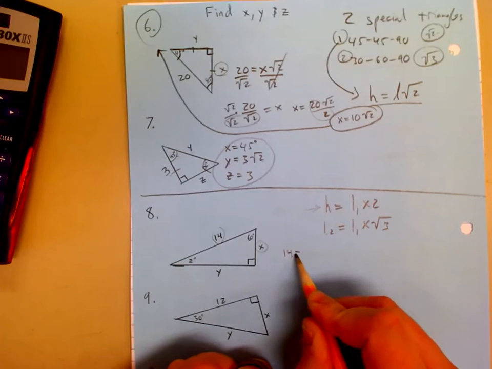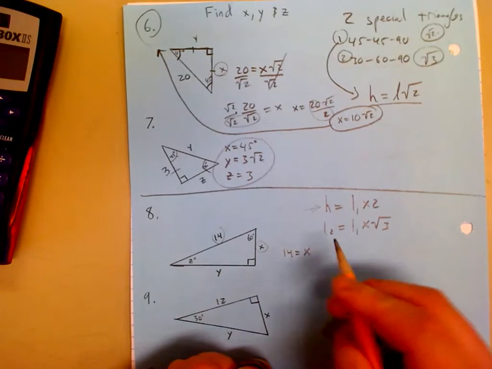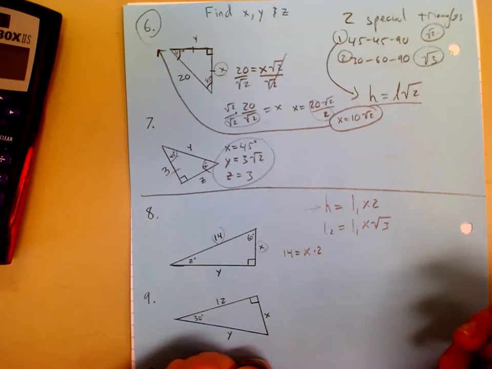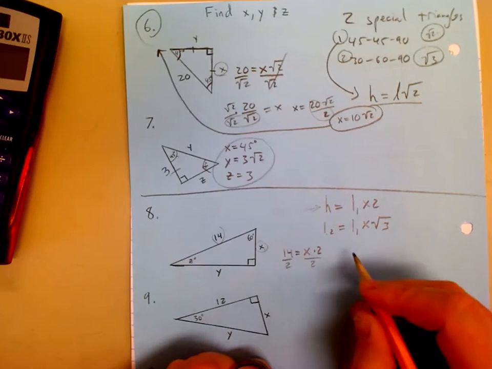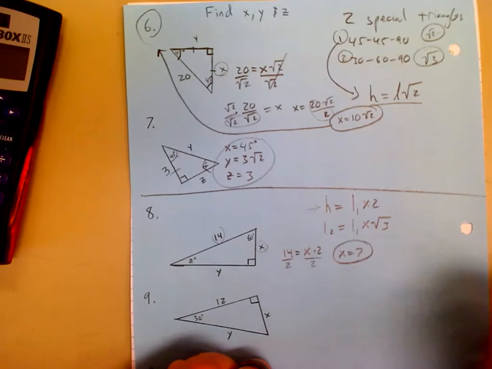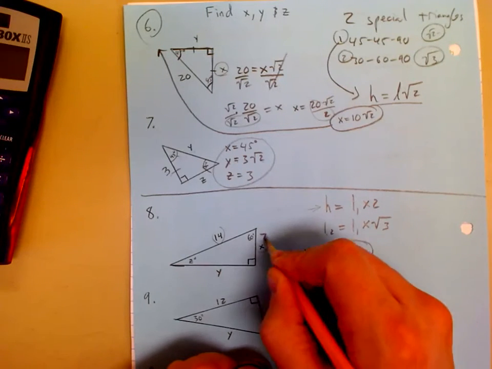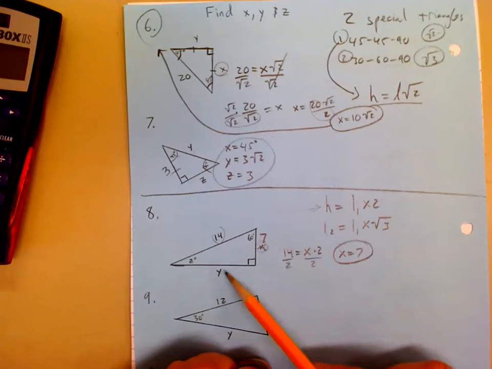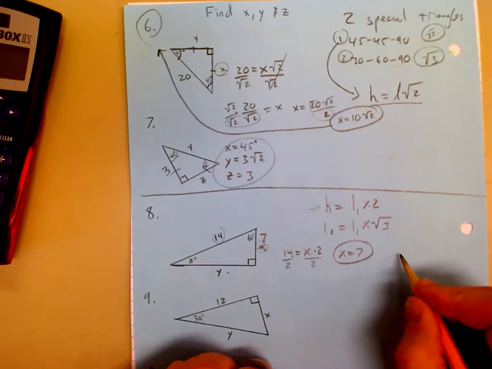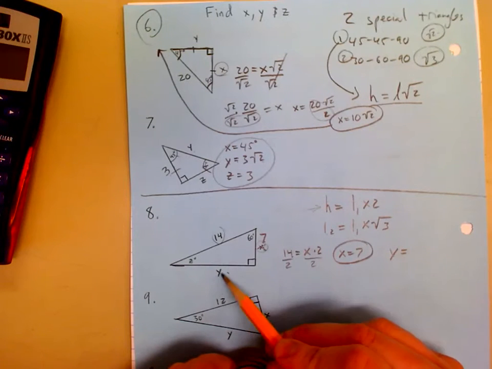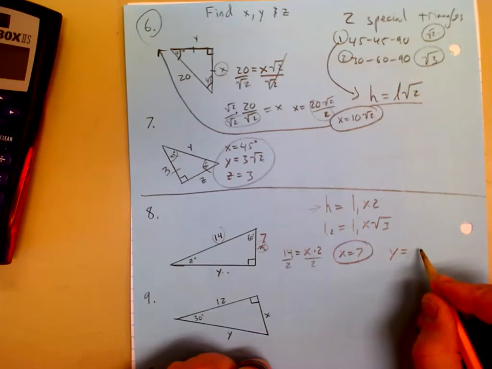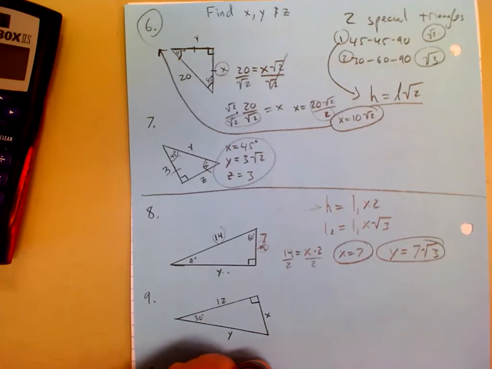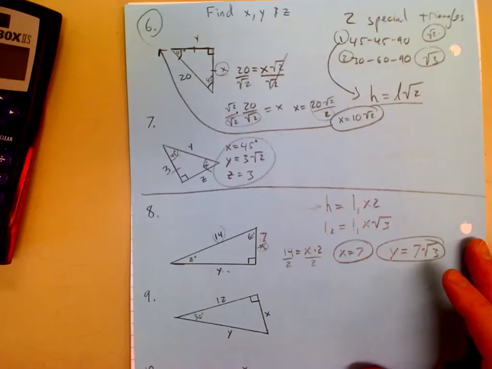So 14, that's the hypotenuse, equals x, that's the shorter leg, times 2. So if I divide both sides by 2, I get x equals 7. Now that I know this is 7, I can plug it in to find the longer leg. So the longer leg, leg 2, which is called y here, equals the shorter leg, 7, times the square root of 3. That's all I need.